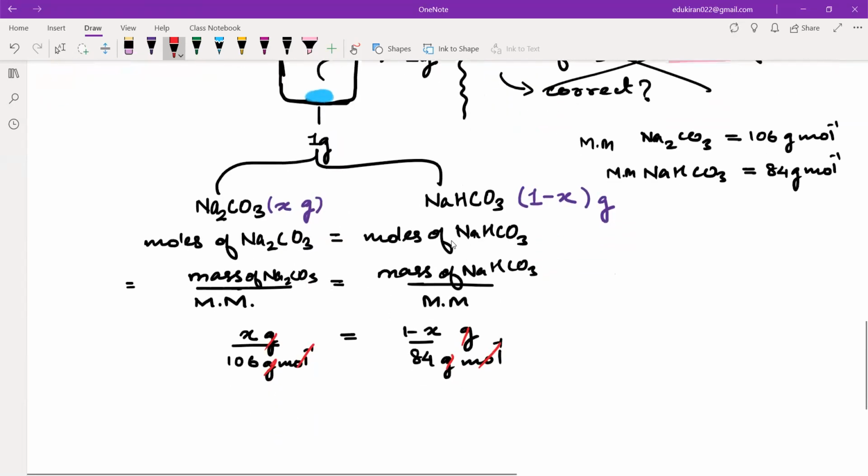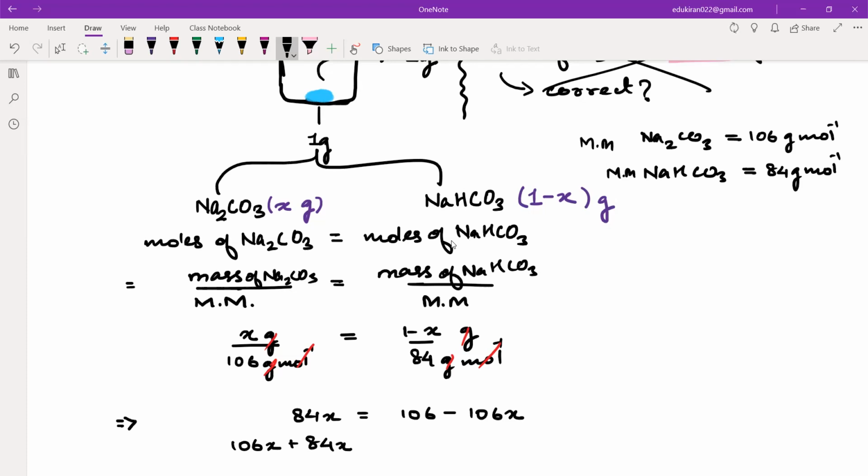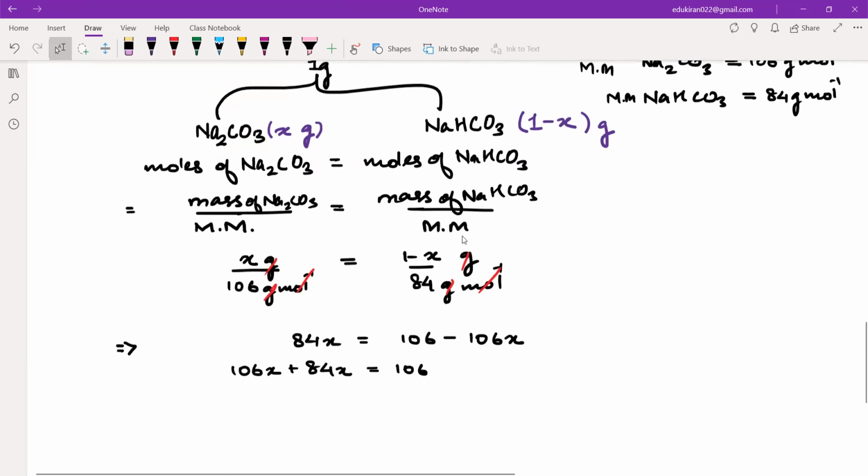You will get 84x equal to 106 minus 106x. So 106x plus 84x equals 106, and I can write x as 106 divided by 106 plus 84, which is 106 upon 190.